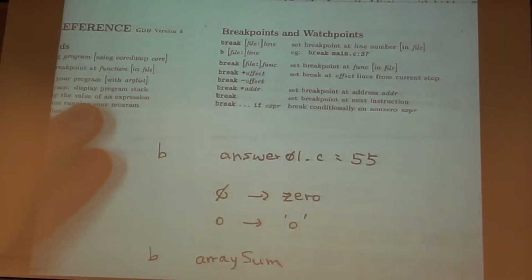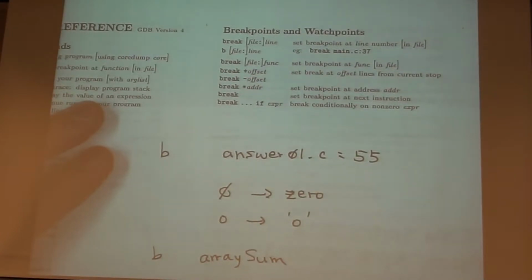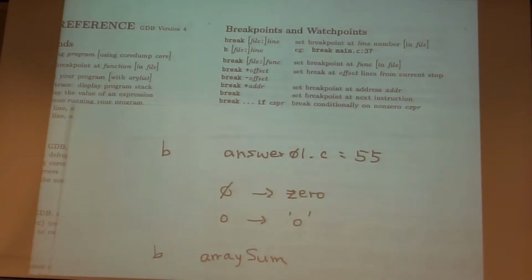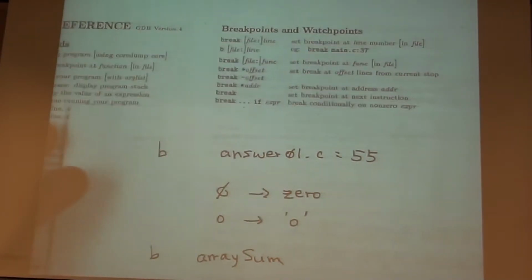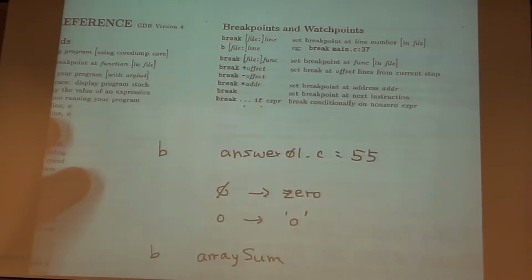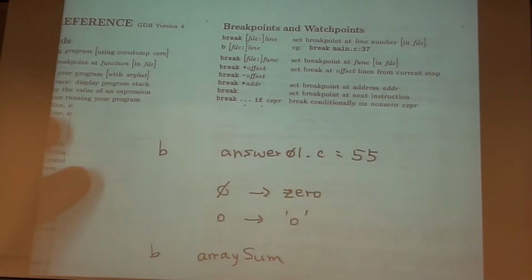Sometimes you want to break at a place, particularly inside a loop, but you don't want to do it over and over again because there's a problem only in a particular case. For example, you call a function 1,000 times, and the function has a problem only when a particular value is, let's say, less than 0. So you can say breakpoint, and you can have an if condition there.